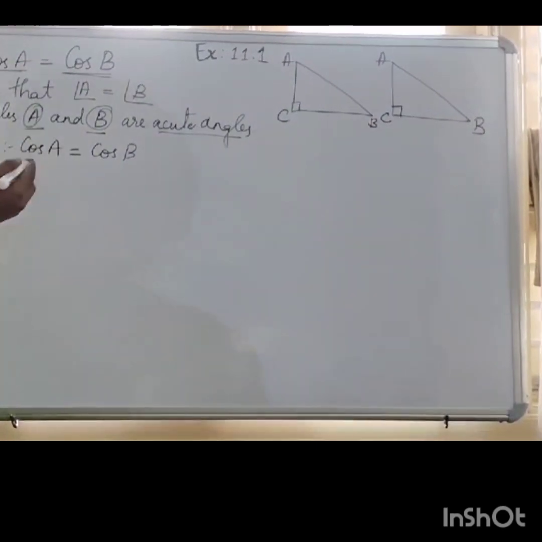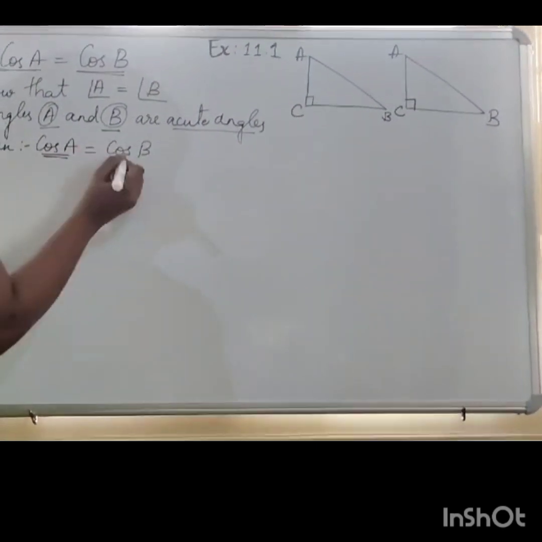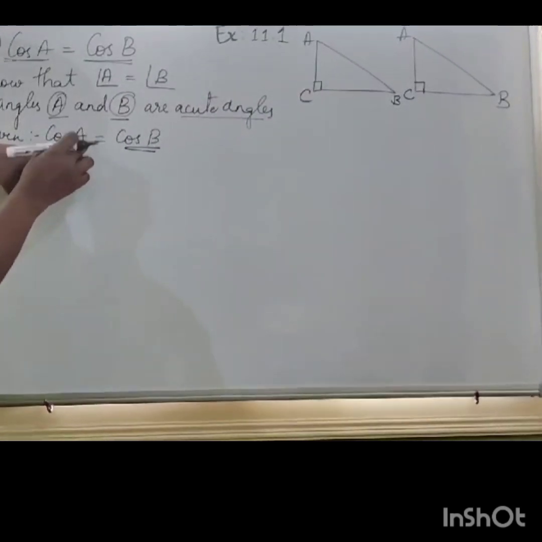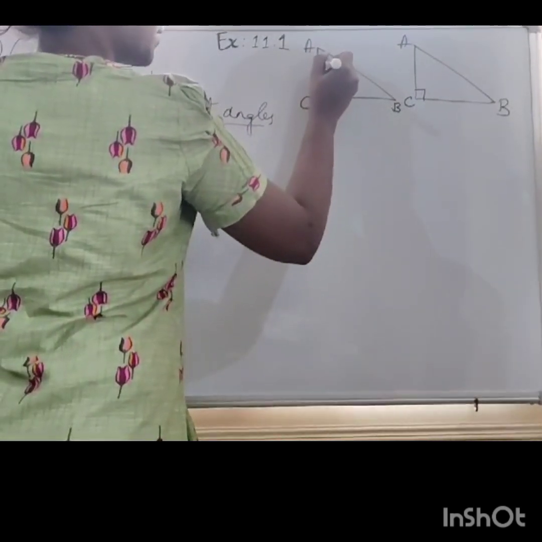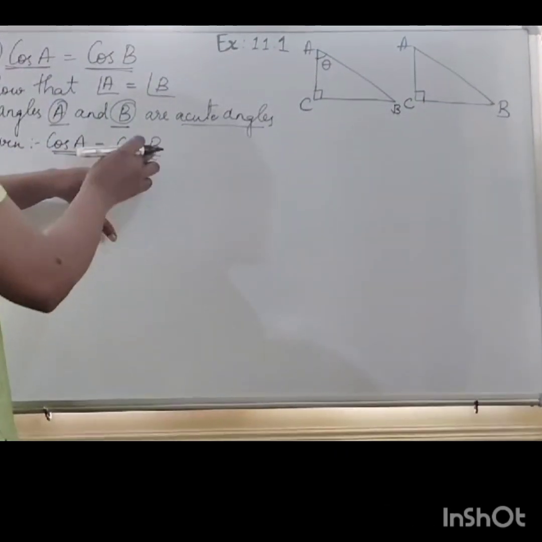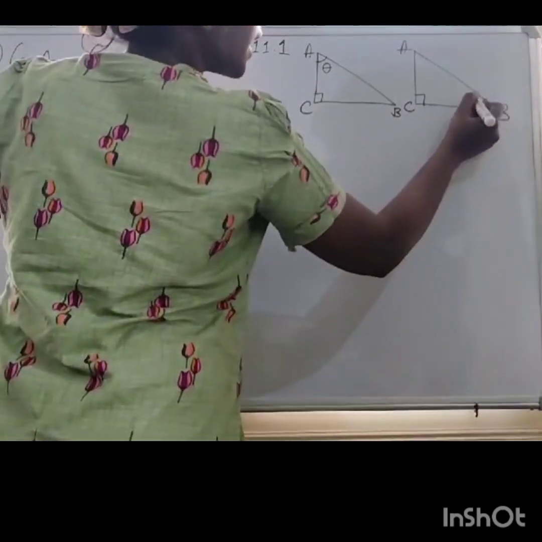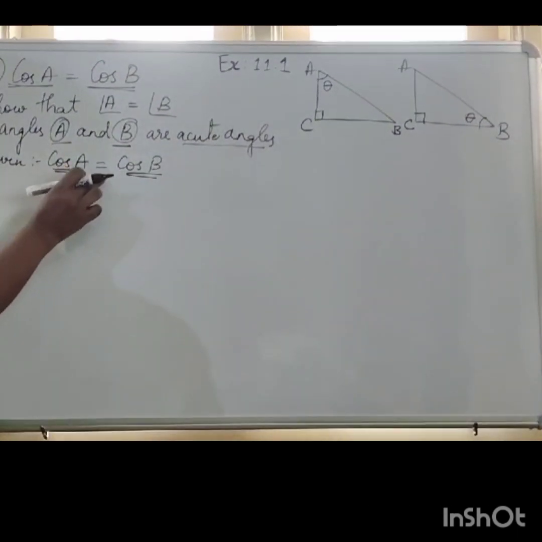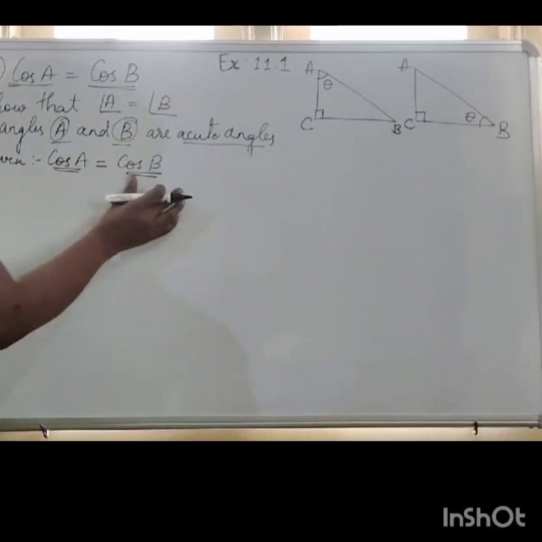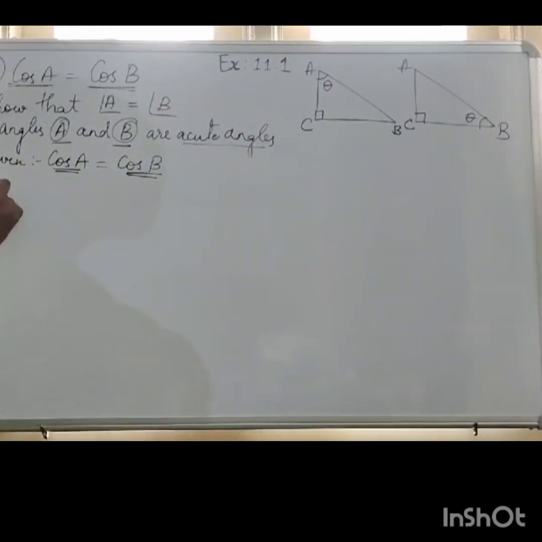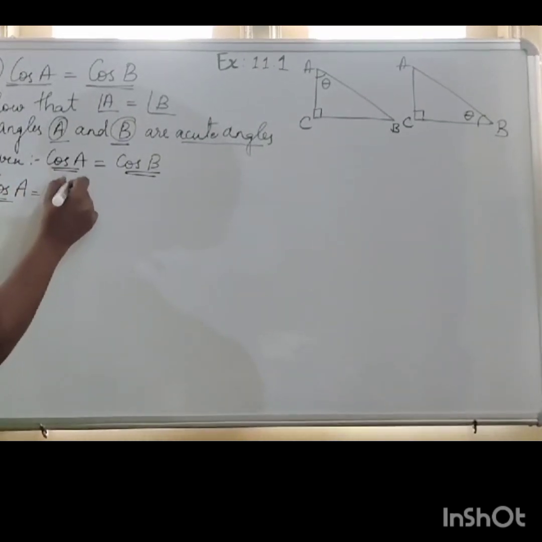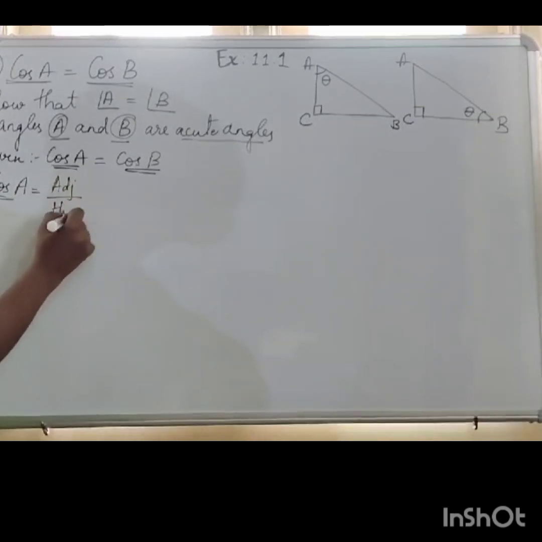Now it is given cos A and cos B. So in one triangle we keep theta at angle A, and in another triangle we will place theta at angle B. Now it is given that cos A is equal to cos B. They are already saying that cos A is equal to cos B. Now we will find the ratio for cos A. The cos ratio is adjacent by hypotenuse.